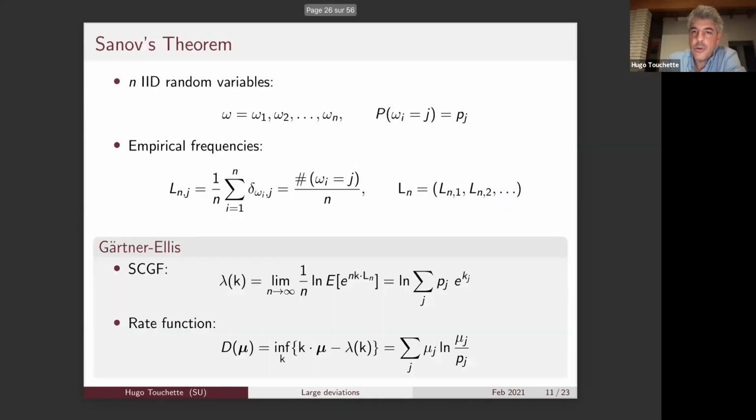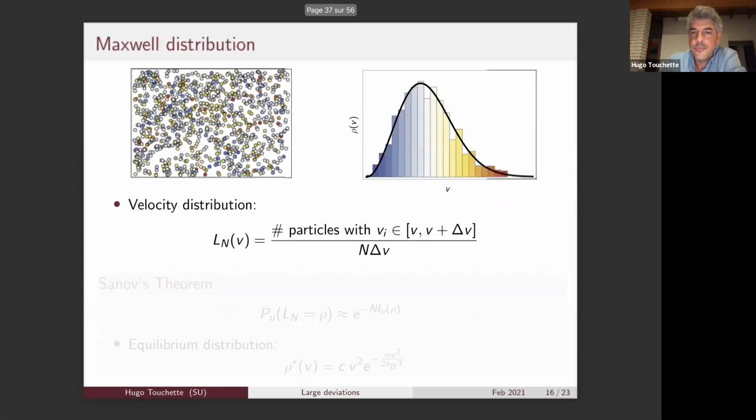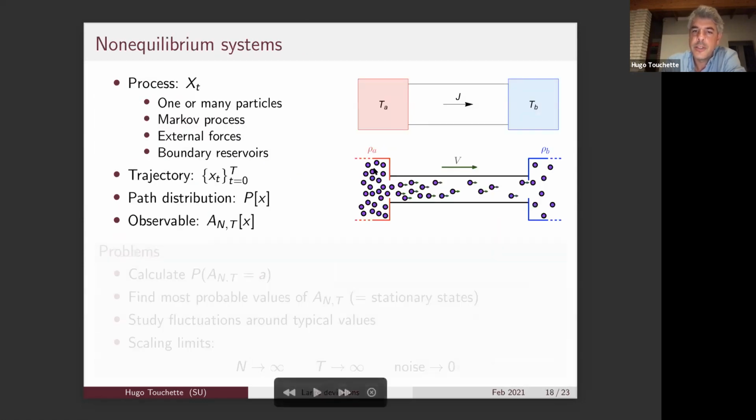If I look at this system, I think Jean-Luc will relate to this, but for us French speakers, microscopic and macroscopic are very difficult to distinguish. But there's microscopic and macroscopic. This is the macroscopic picture of the system: two temperatures, with a current in between.